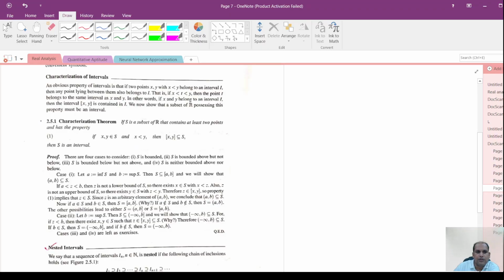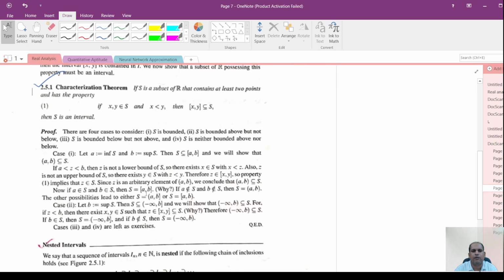This is the characterization of interval. We just need to recall the definition of interval. S is a subset of R that contains at least 2 points and has the property that if x, y belong to set S with x less than y, then the whole ray has to be contained in this set.